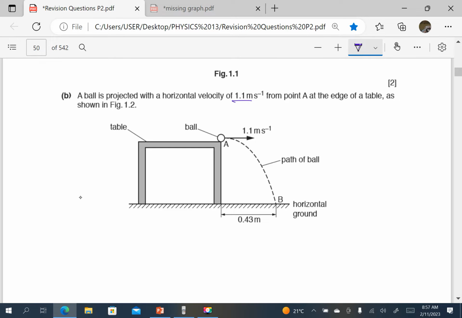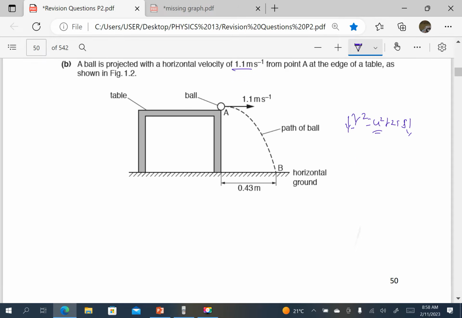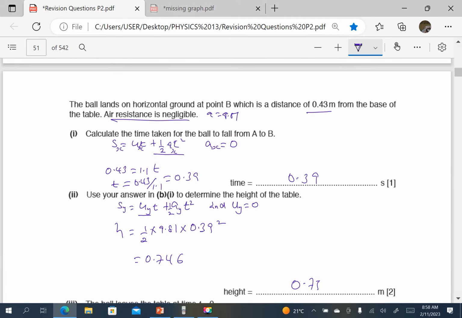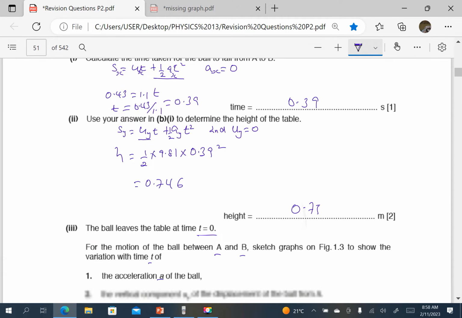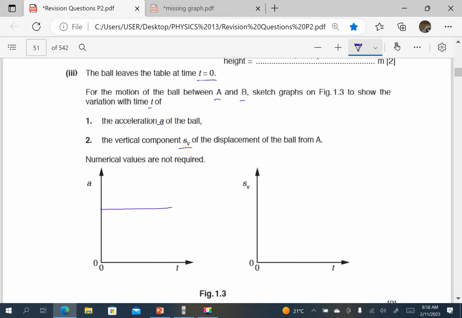In fact, because v squared is equal to u squared plus 2as, as the ball falls, v increases. Therefore, the vertical component s increases rapidly since the initial velocity is 0. So the graph is going to have an increasing gradient because the velocity increases as time goes on. When the body is falling, the speed increases.